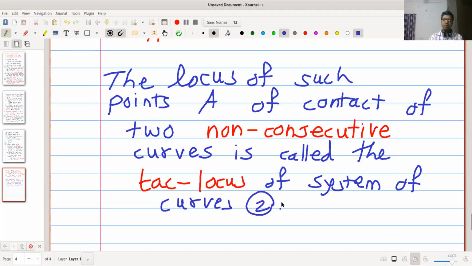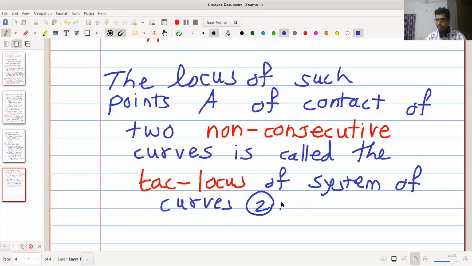Remember that system 2 is the general solution phi of x y c equal to 0. So we have to consider the part which appears in P discriminant but not in C discriminant. For tac locus we will see an example.